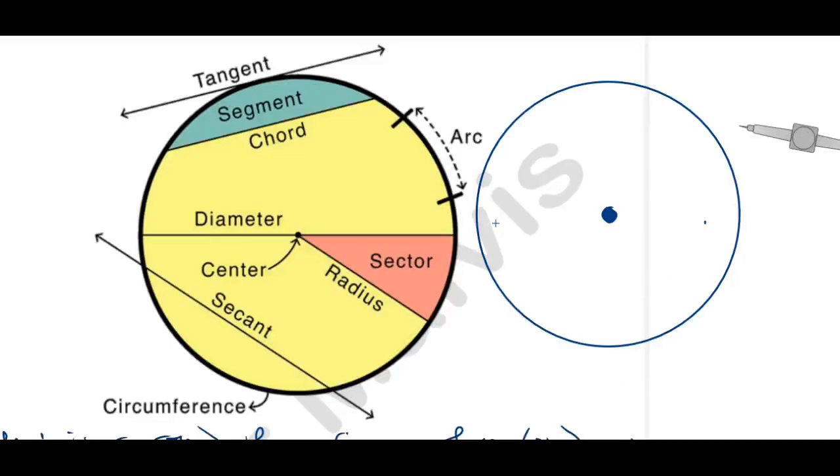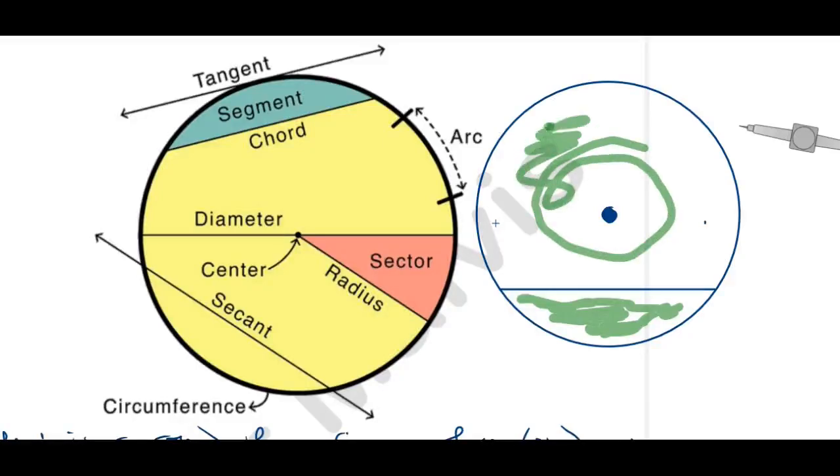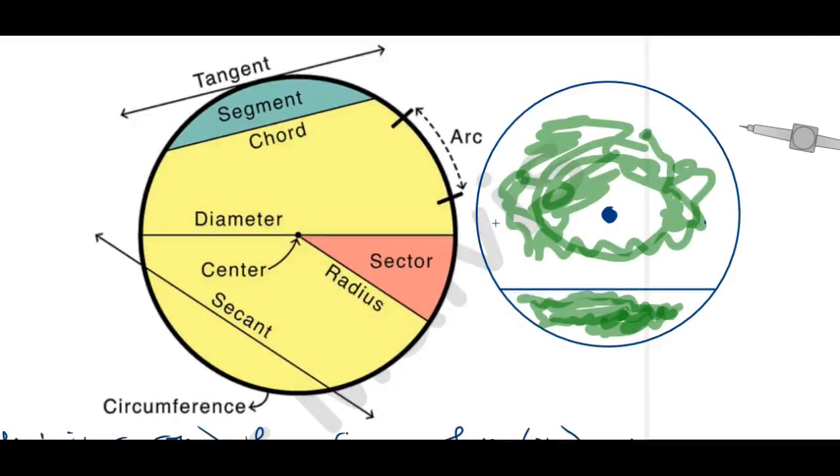Now, if I have a straight line, which is my chord, this way, this area here is known as a segment. This other area too is known as a segment. This small segment is called the minor segment, while this bigger place is called the major segment.